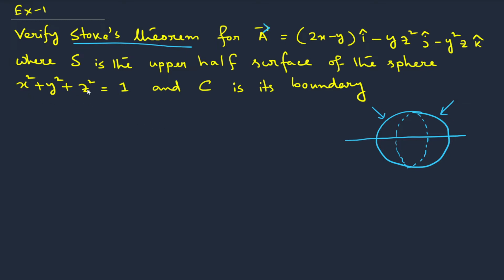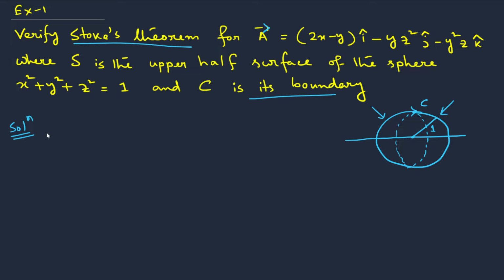And x square plus y square plus z square equals 1 means the radius of this sphere is 1 unit. Now if we take this upper half surface and rotate it again, then again we will get this particular sphere. C is its boundary. So this curve is C, and the whole surface is S.